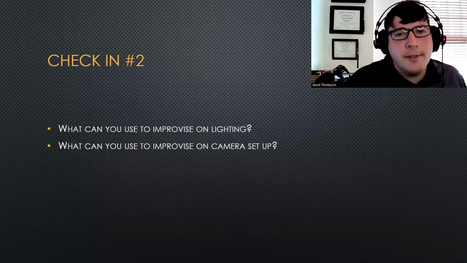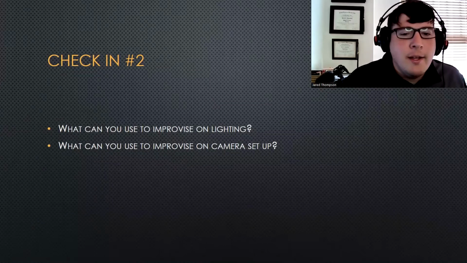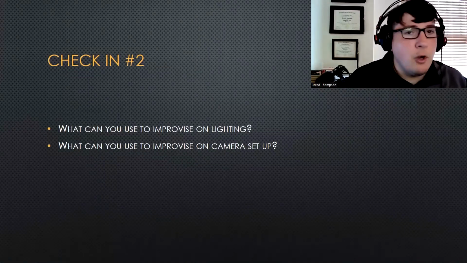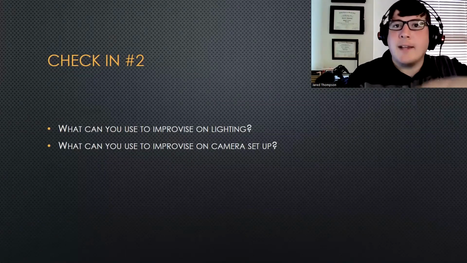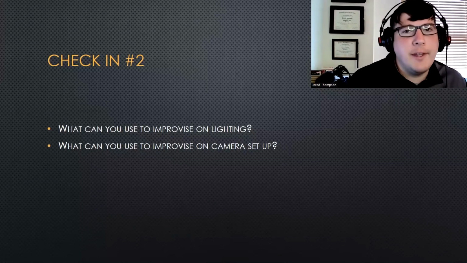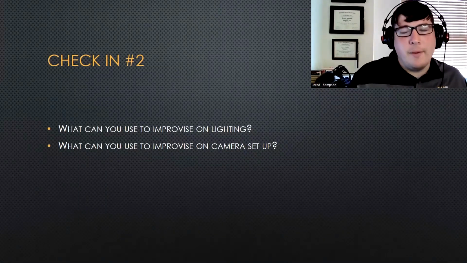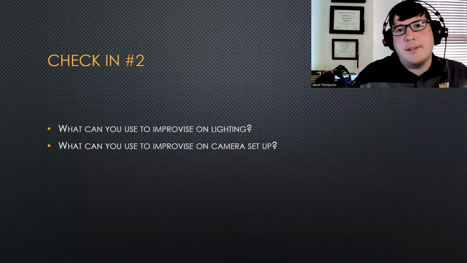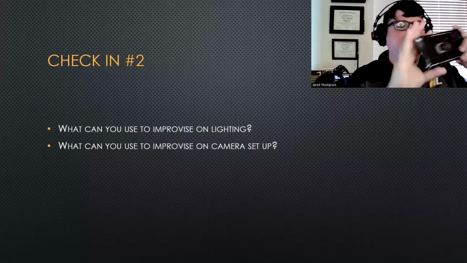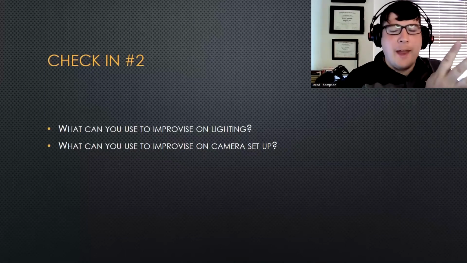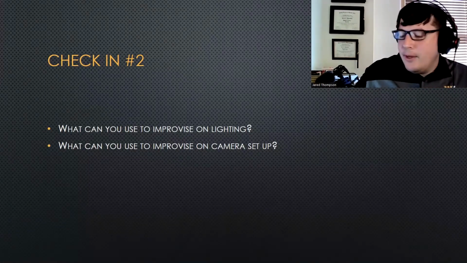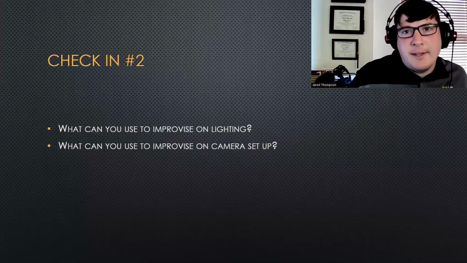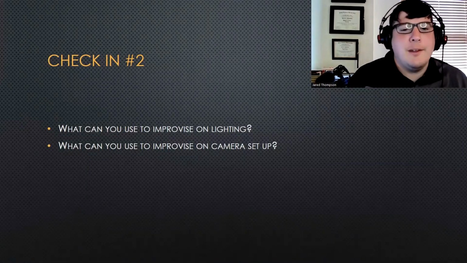So if you're trying to do this on a budget, one thing you can do is use a stool and stack some books up on it. I've done this at Christmas time to take self-family photos, where I'll take a stool, put a couple of boxes or some books up on it, and then set my phone against the back of the stool. That way it sets up and I can use that to prop the phone up and take the picture.